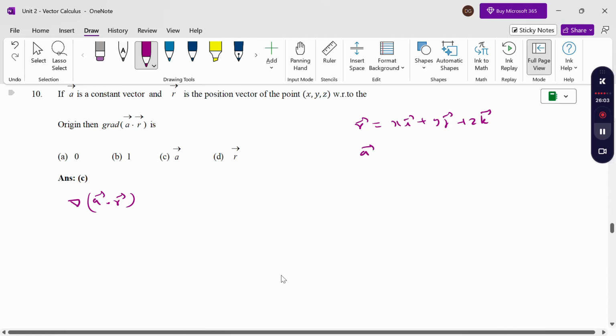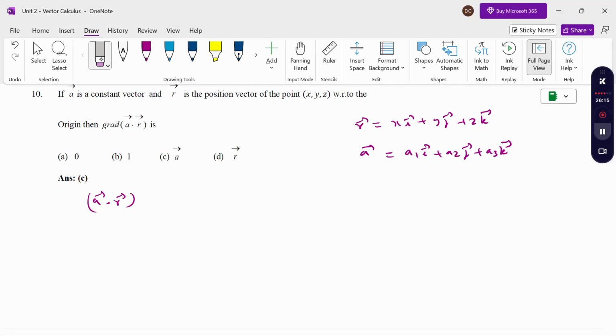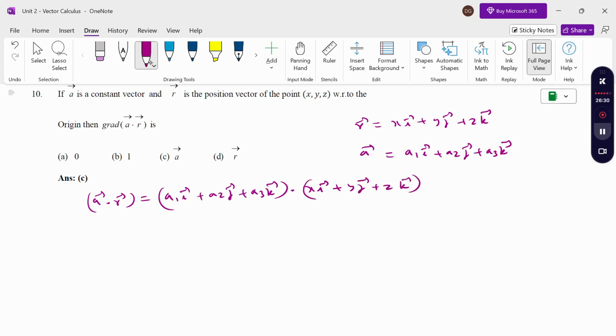Then a vector is some constant a1 i vector, a2 j vector, a3 k vector. Now calculate a vector dot r vector first: a1 i, a2 j, a3 k dot x i, y j, z k. Then i dot i, j dot j, k dot k is 1. Therefore this term is a1x plus a2y plus a3z.